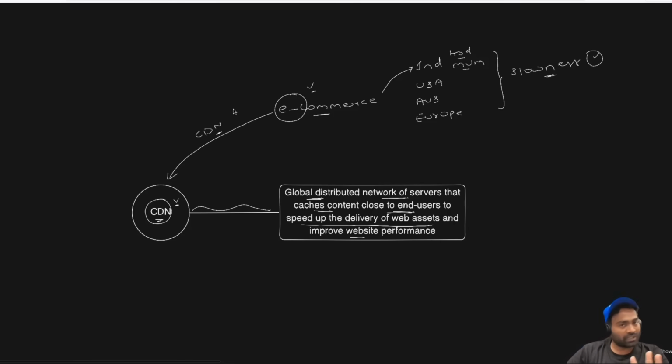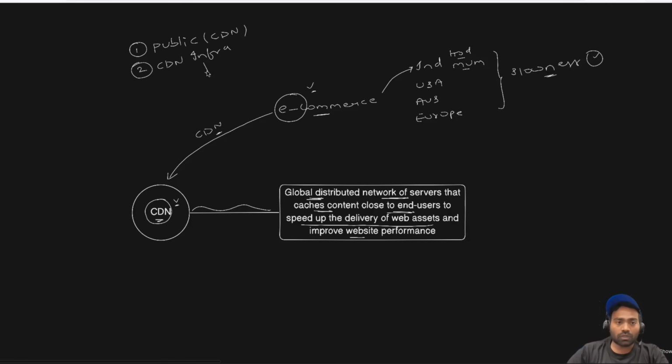There are two ways how you can do it. Number one, the easy way is just to go to any public cloud platform and use their CDN service. Or number two, the difficult way is to implement CDN on infrastructure of your organization.